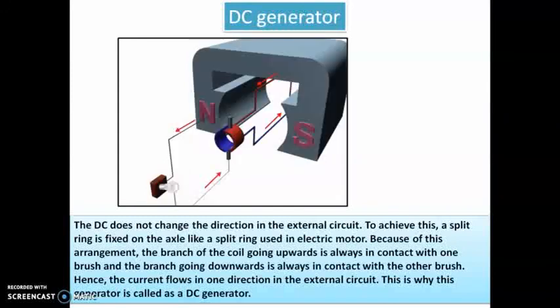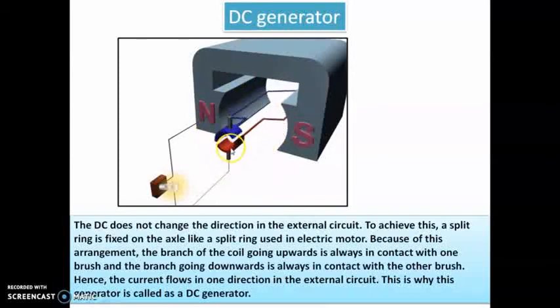Okay, now what is the difference here is, as you can see, the split ring is fixed with the axle-like part using an electric motor, and the branch of the coil going upwards is always in contact with one brush, and the branch going downwards is always in contact with the other brush. So here you see that it is taking full rotation.